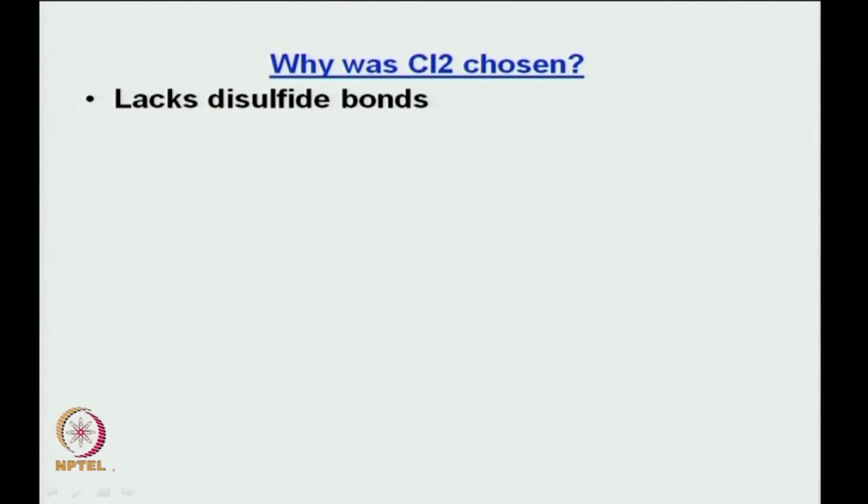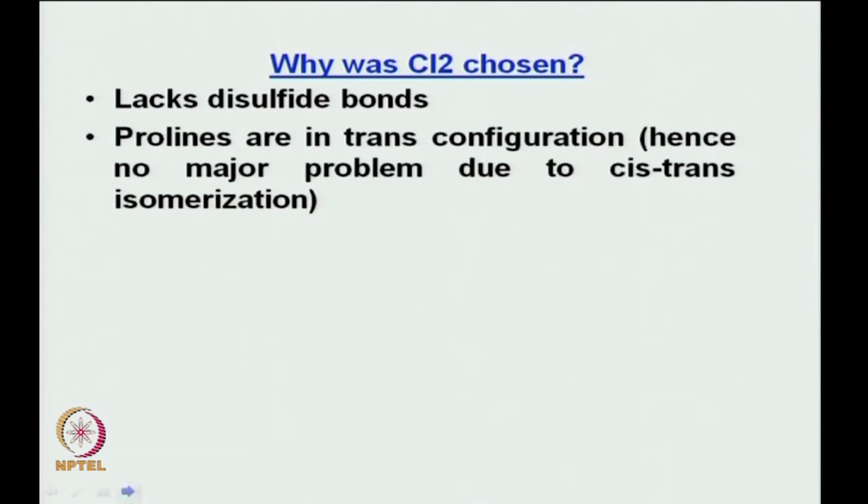Okay. Now, the second one we have not discussed at all, neither will we, but if you have prolines, you know prolines are very restricted and they have cis and trans isomers. So, generally what happens is in most of the folded forms proline is in a trans configuration, but it starts with a cis configuration.